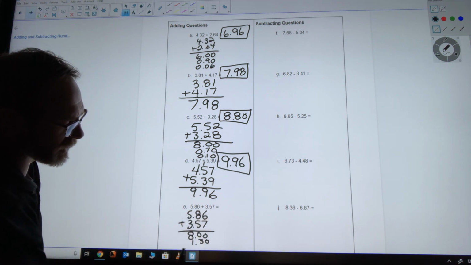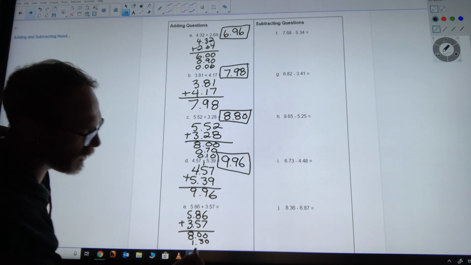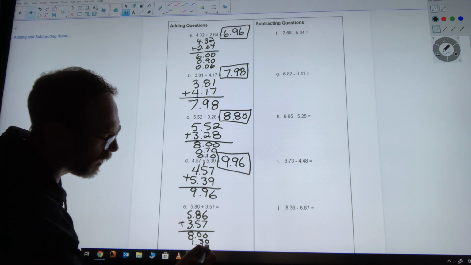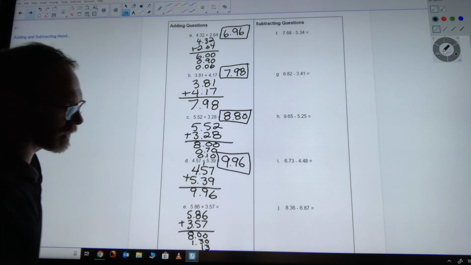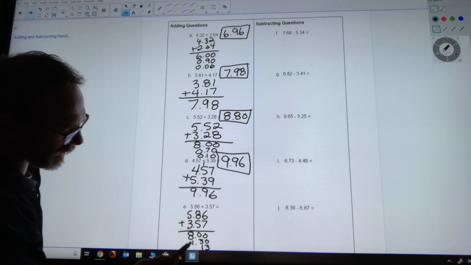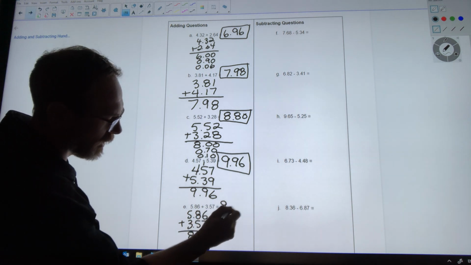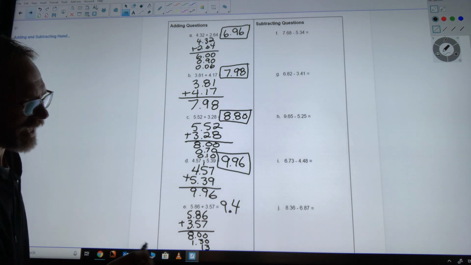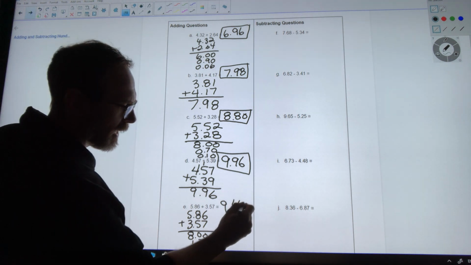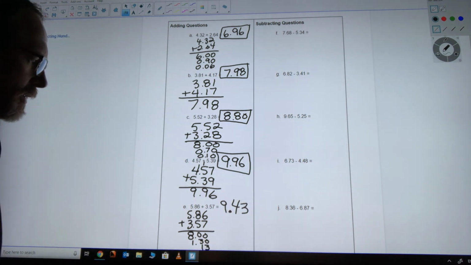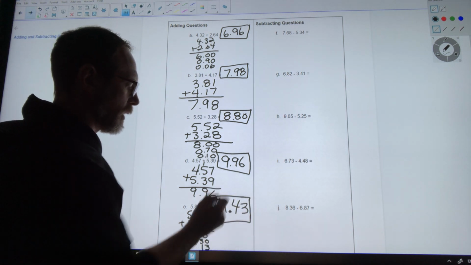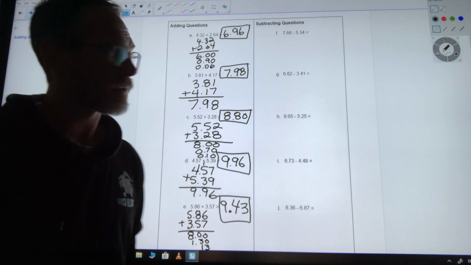And 6 hundredths plus 7 hundredths, that would be 13 hundredths, or 1/10 and 3 hundredths. So if I look at what I have here, I have 8 and 1 is 9. 3 and 1 is 4. 3 tenths and 1/10 is 4 tenths. And 3 hundredths. 9.43, or 9 and 43 hundredths.